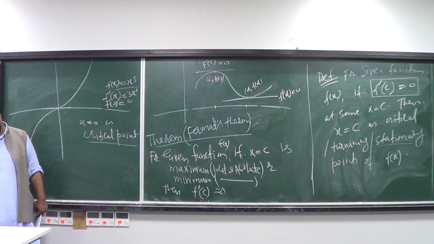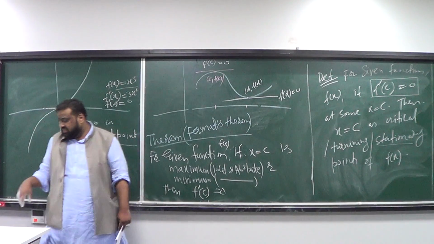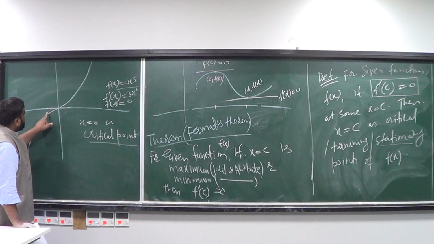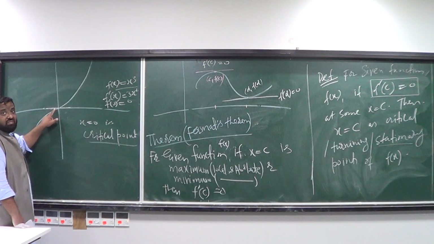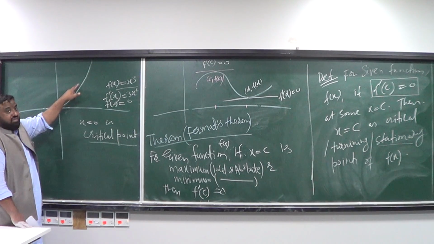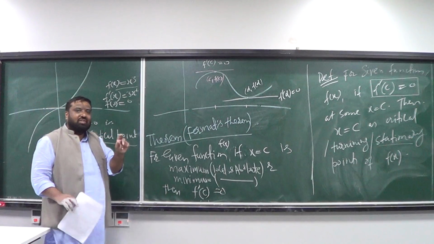But this critical point is neither maximum nor minimum. Why? Because before that point the function was increasing, and after this point the function is still increasing. So the function is not changing its behavior.